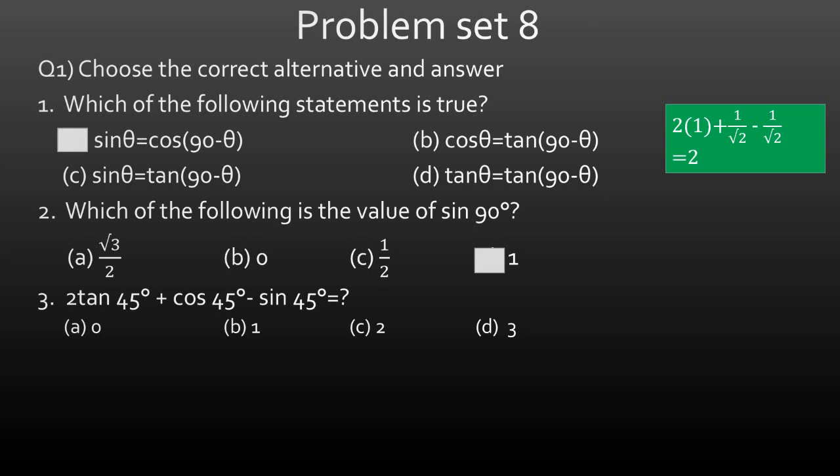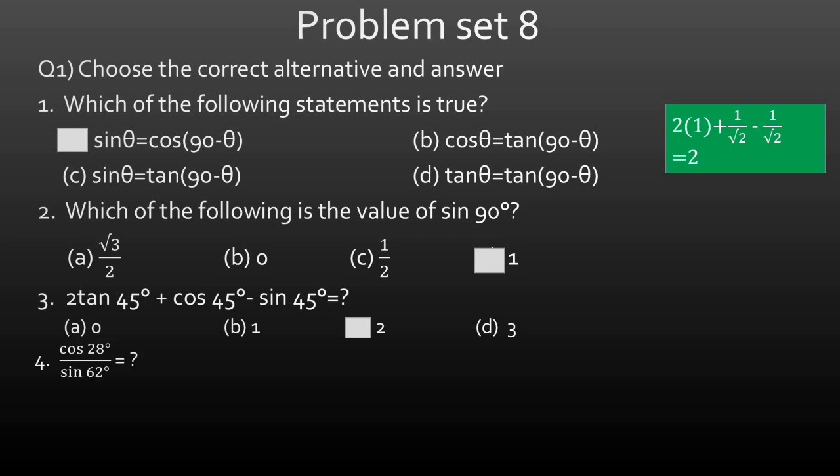So we get 2 multiplied by 1 plus 1 upon root 2 minus 1 upon root 2. Now here 1 upon root 2 minus 1 upon root 2 is 0. So we get 2 into 1 is equal to 2. So the correct option is option C, which is equal to 2.